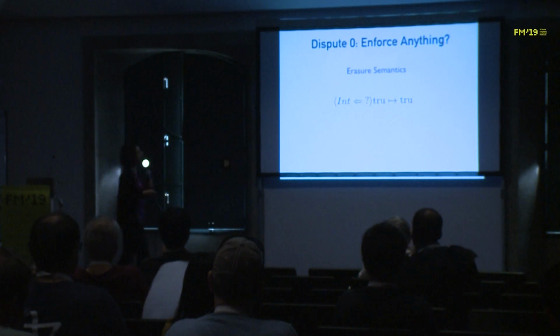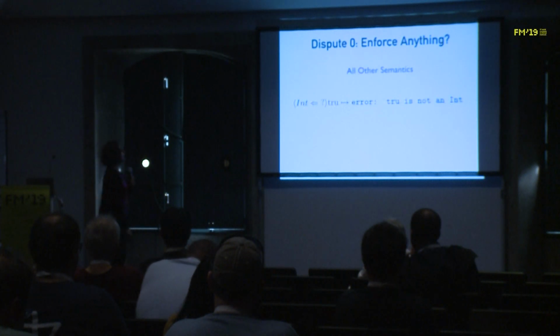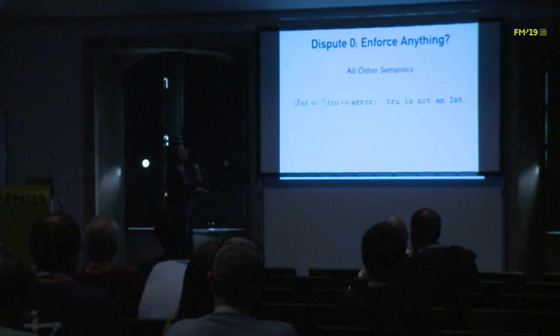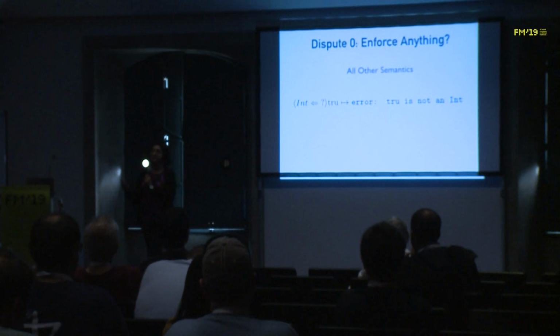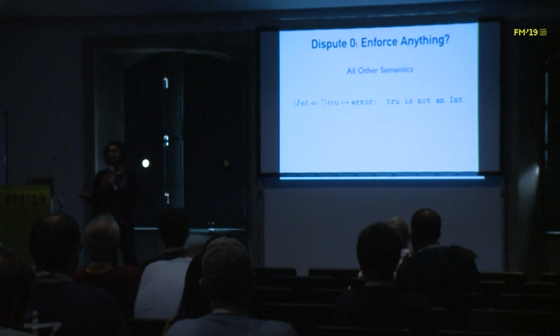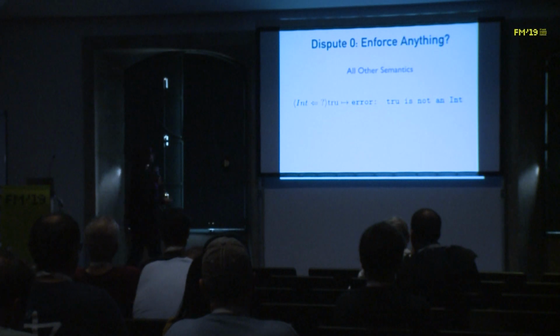So that is obviously not sound gradual typing. It's not actually checking if you get back an integer at the end after that cast. All other semantics in my list earlier on will do that check, so they will report an error if you try to cast true into integer, because it's a Boolean, not an int.